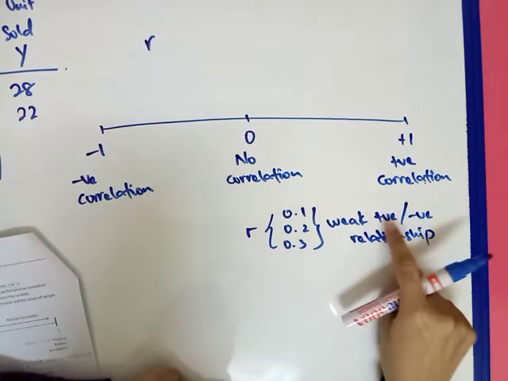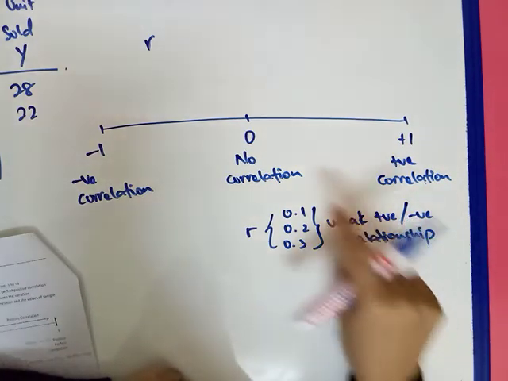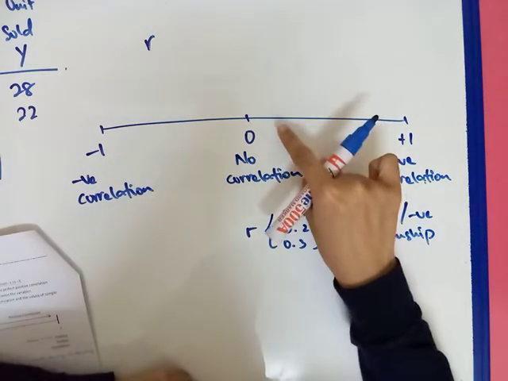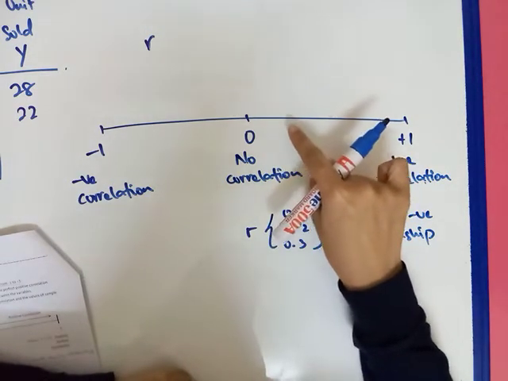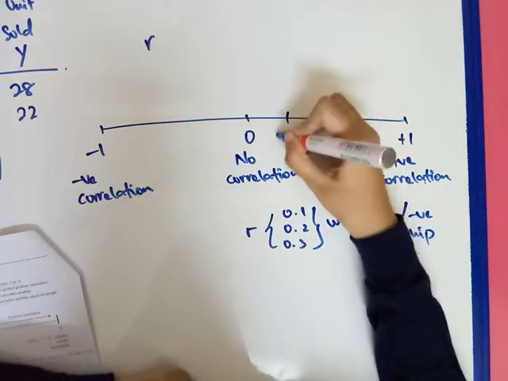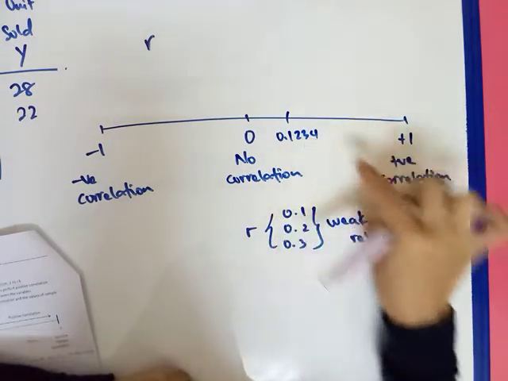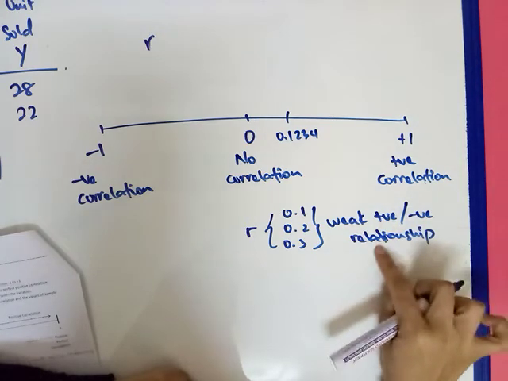Okay, apa yang positif negatif ni? That means when you get the value for R as 0.1234, for example. Okay, 0.1, it is a weak positive relationship.